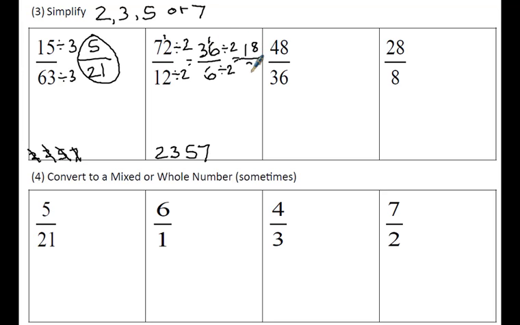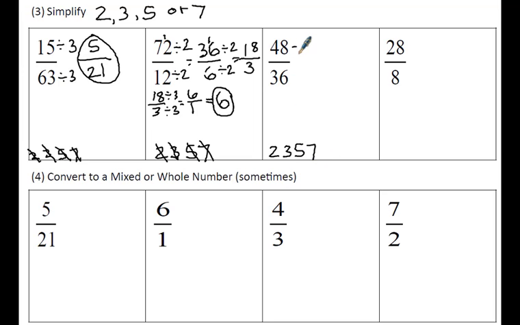And 36 divided by 2 is 18, and 6 divided by 2 is 3. And now I'm done dividing by 2, so I'm going to cross that out. But I need to check other ones. I see that 18 and 3 are both divisible by 3, and would give me 6 over 1. Now, 3's done, 5 and 7 can't go into any of those numbers, but I also see that 6 divided by 1 is going to equal 6.